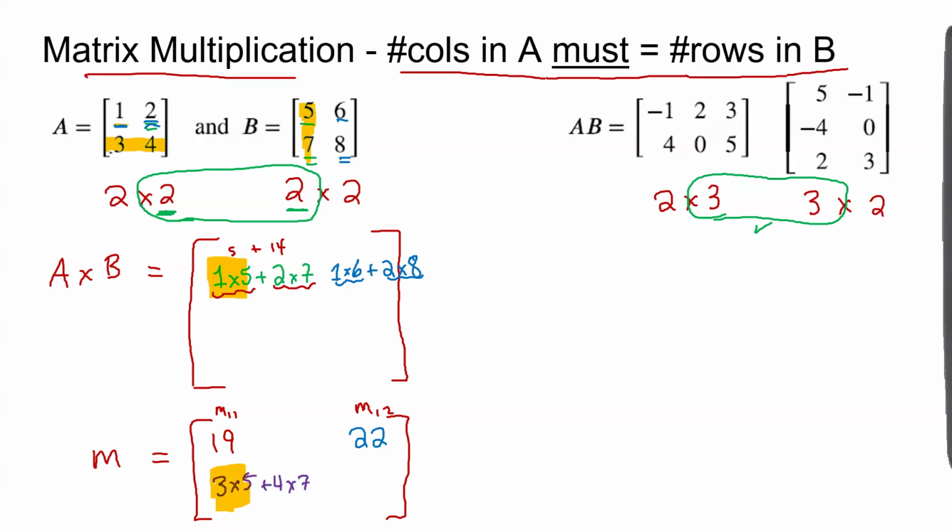Taking the first one times the first one and the second one times the second one and adding those together. And then we could go ahead and move this over to the second column. Now I'm doing the second row, second column, which is going to go into the second row, second column.